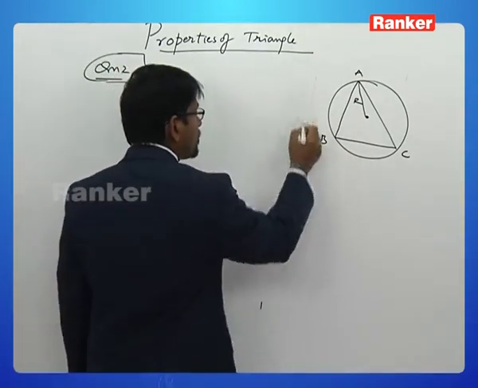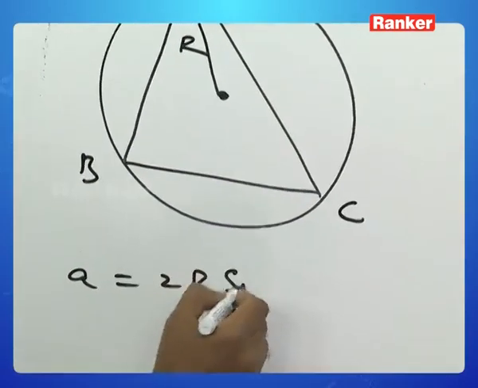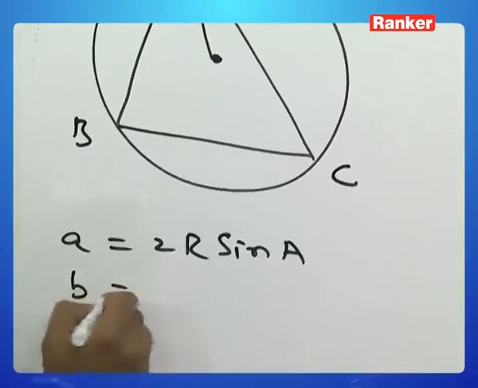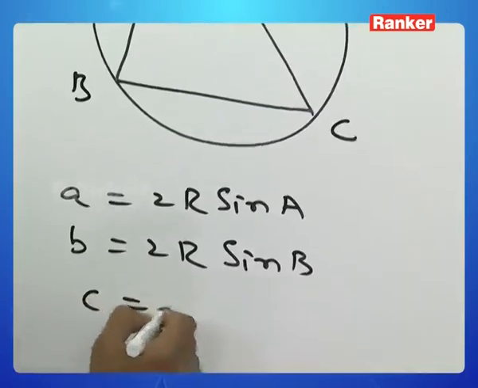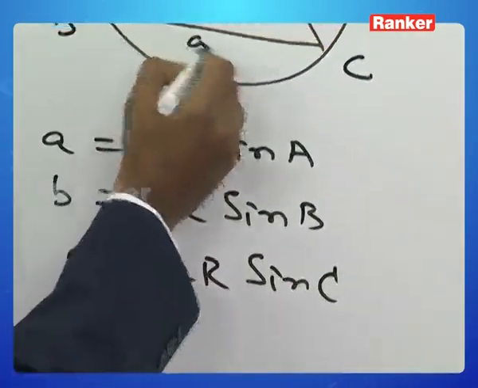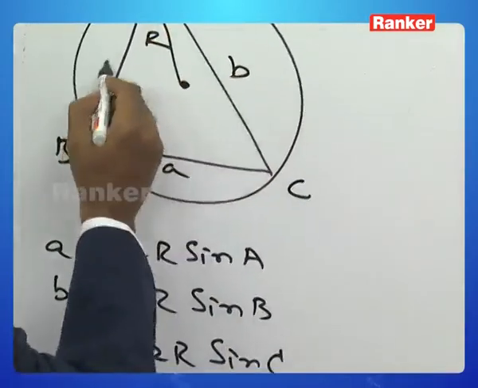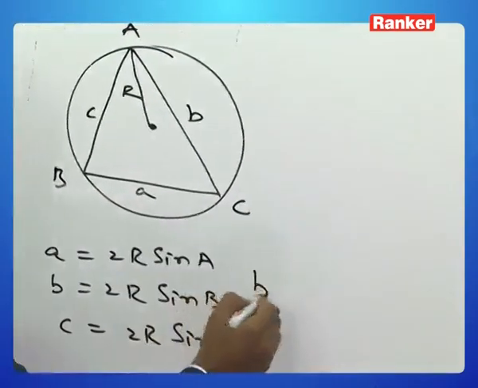Now by sine rule, a is equal to 2R sin A, b is equal to 2R sin B, and c is equal to 2R sin C. What is a? The side opposite to the angle A, and b, and small c. This we know by sine rule.